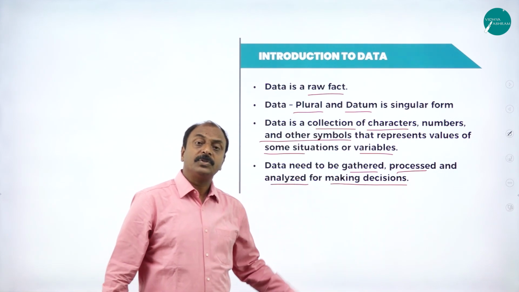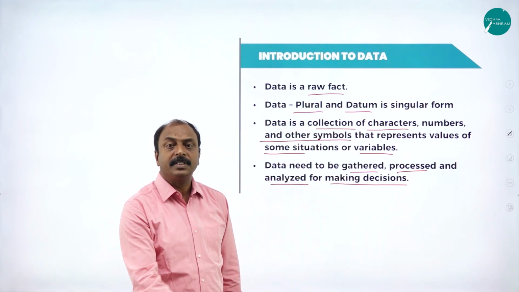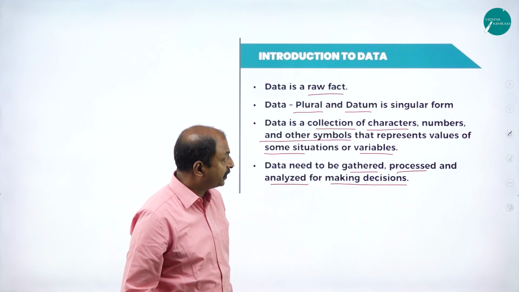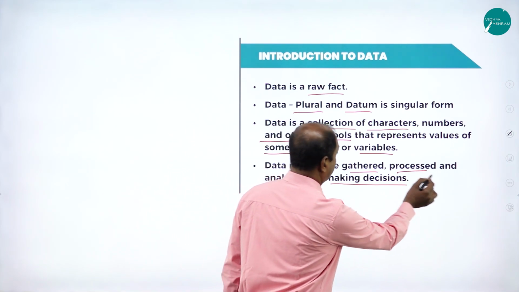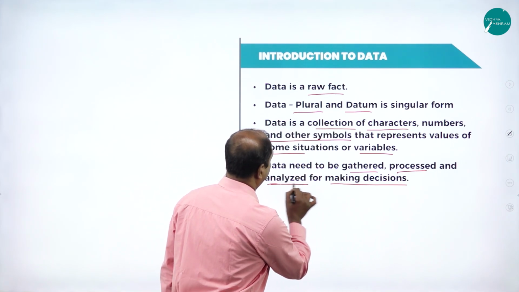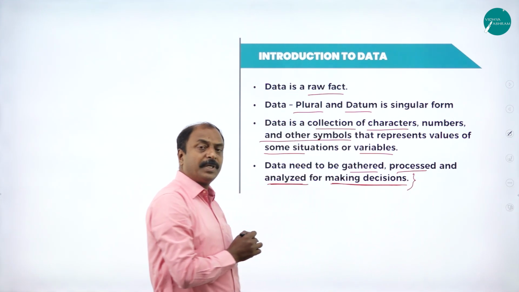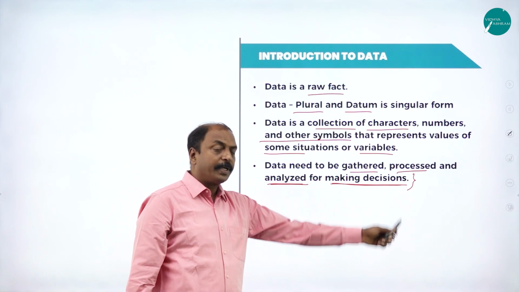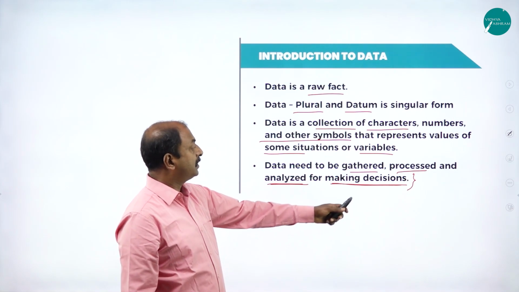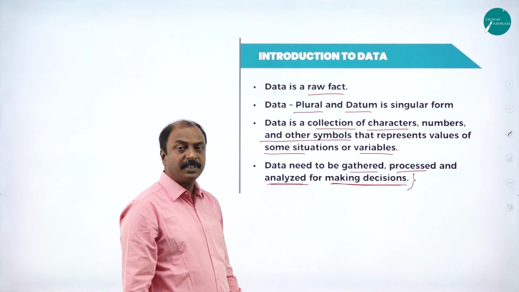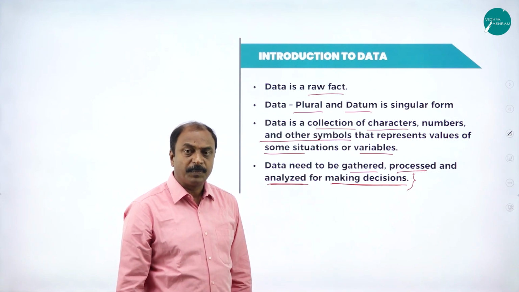This is the purpose of data processing. What is the advantage of data processing? After processing, we analyze the data to take decisions, any major decisions with respect to all the fields. This is a very important concept. That is the advantage of data processing.